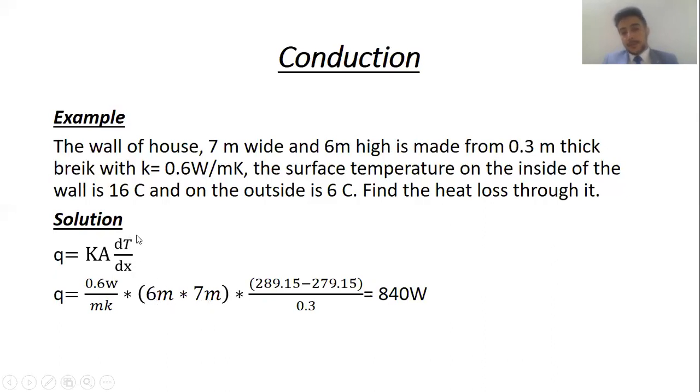Delta T is the difference in temperature, but you must change Celsius into Kelvin. And also delta X, the thickness of the wall, which is 0.3 meter. So you can easily calculate the heat loss or the heat transfer rate by conduction.